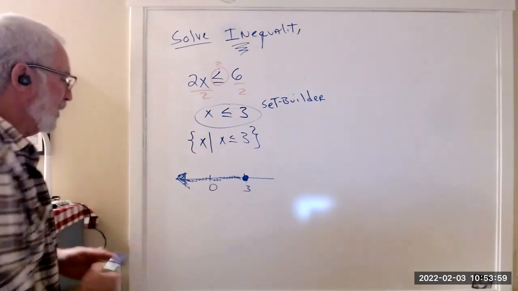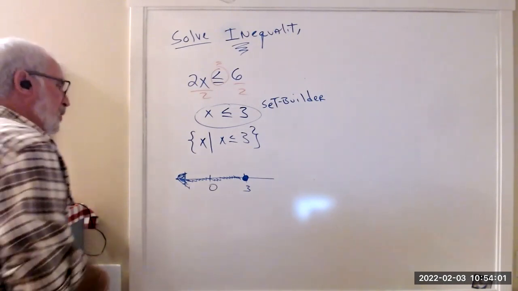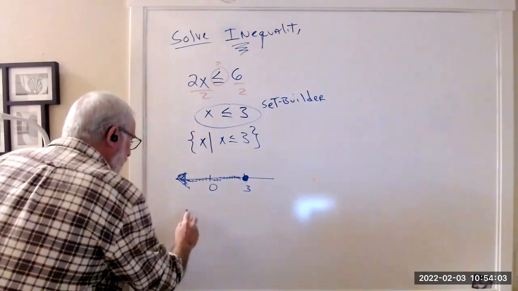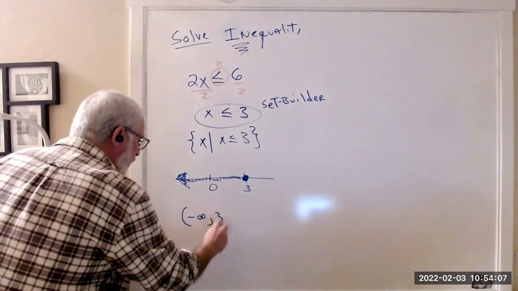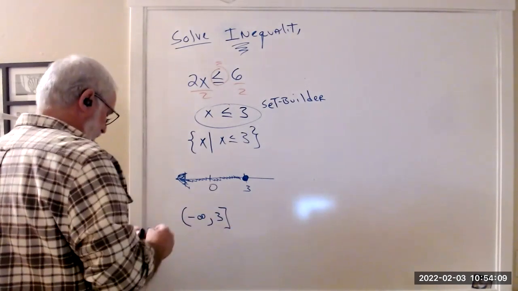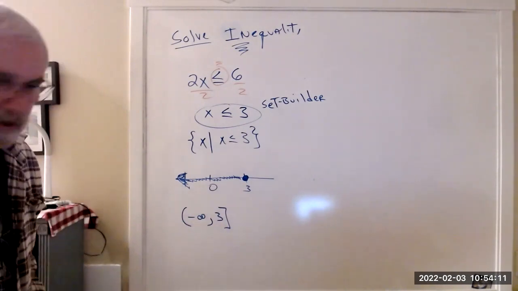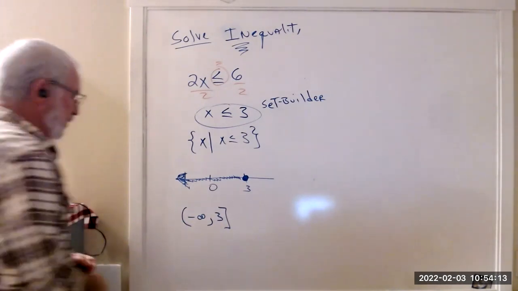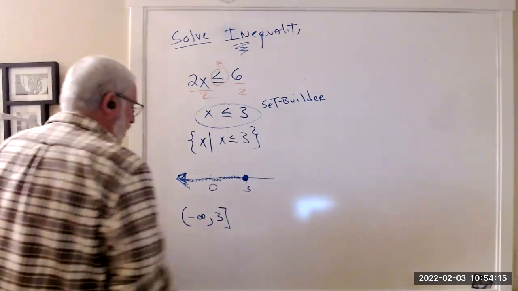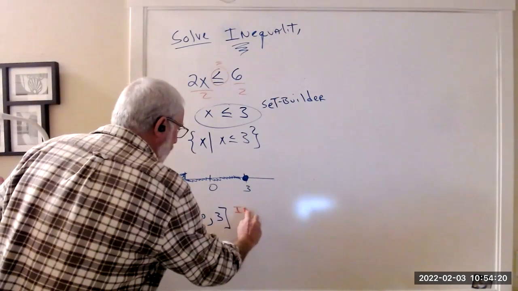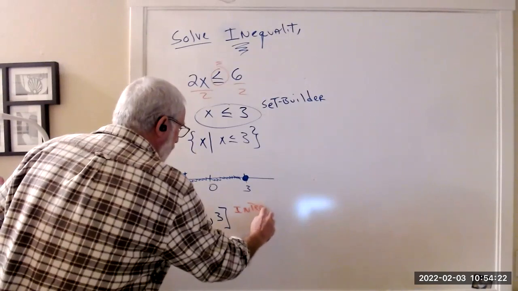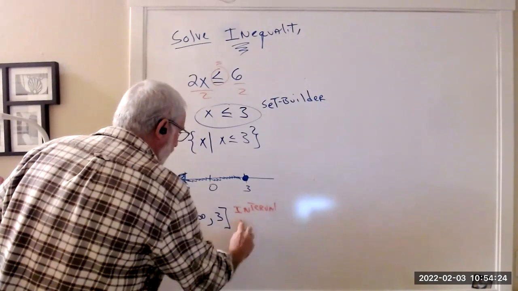So here's the new way. The new way is parentheses, negative infinity, comma 3, bracket. Let's look at that for a second. This is known as interval notation.